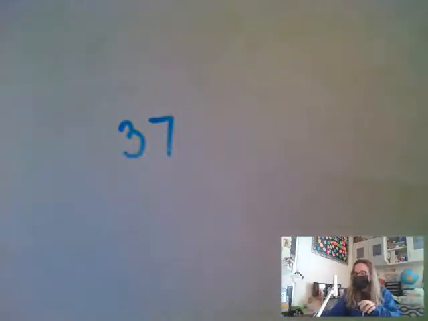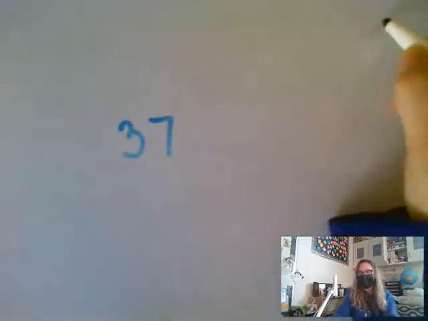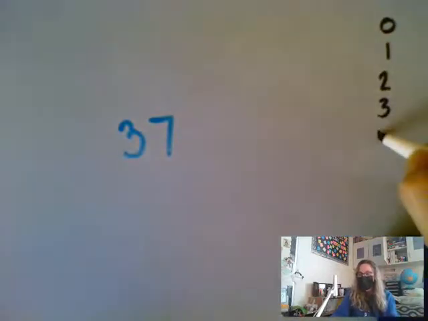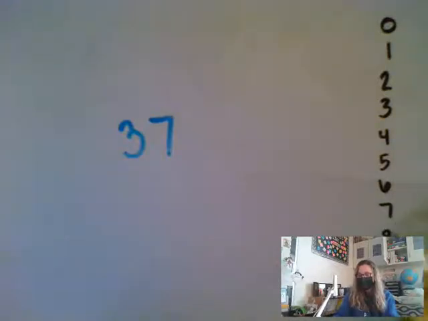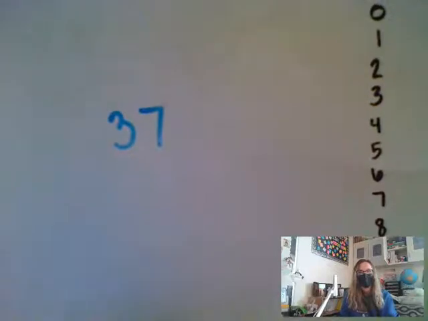Remember, the digits are our individual numbers. Our digits are 0, 1, 2, 3, 4, 5, 6, 7, 8, and 9. Each of those is called a digit.